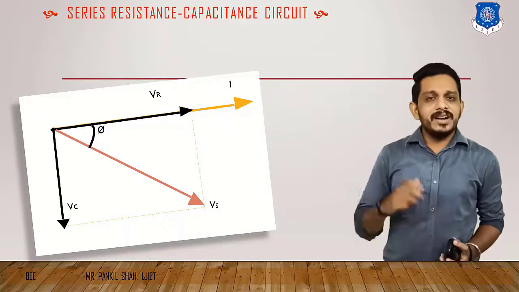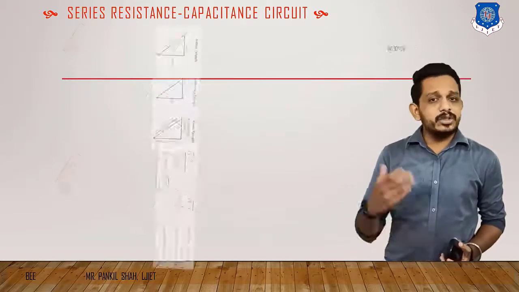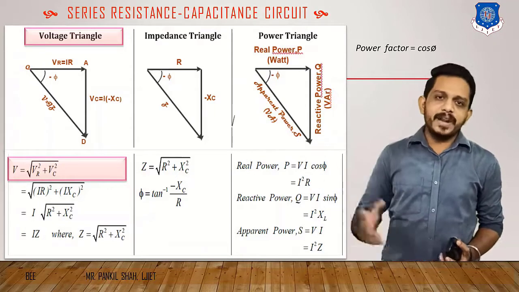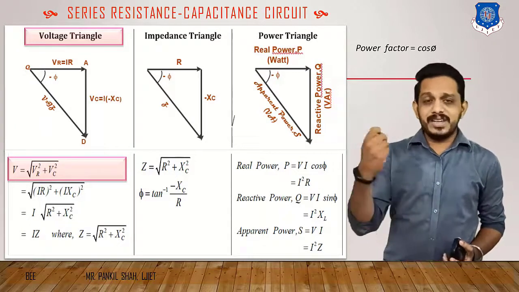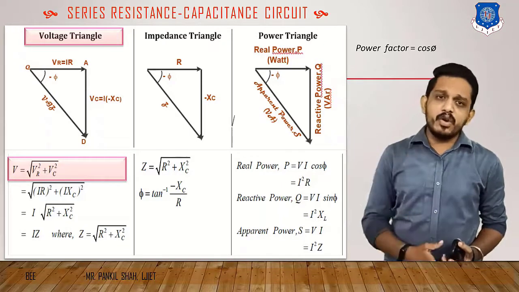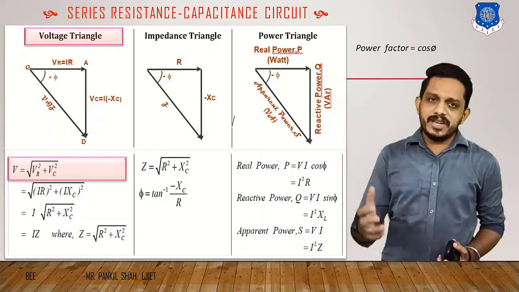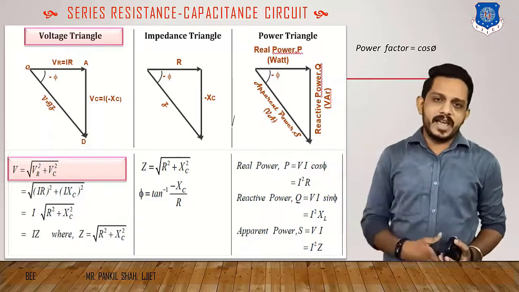Now let's understand the different types of triangles in case of a series RC circuit. The triangles will again be the same: the voltage triangle, the impedance triangle, and the power triangle. If you want to draw the voltage triangle in case of a series RC circuit, again you only have to take the voltages from the phasor diagram.